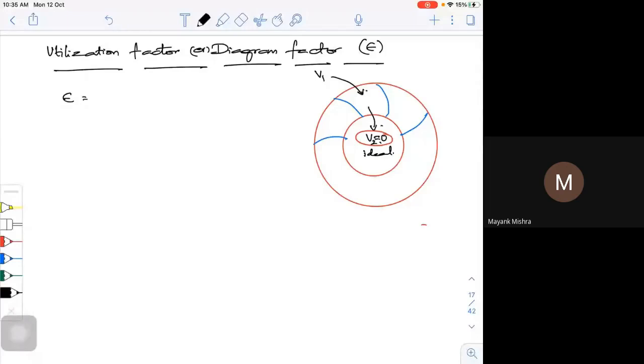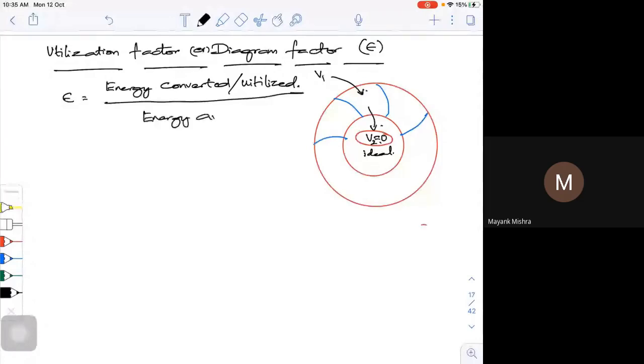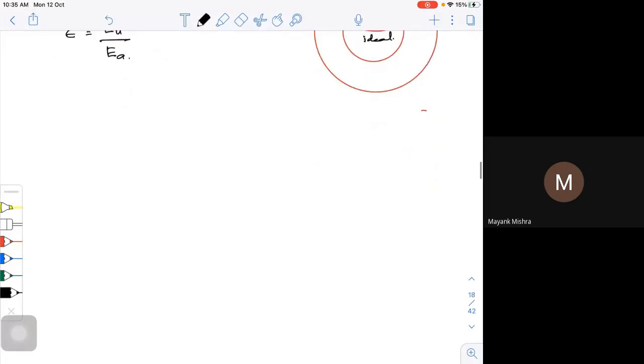So epsilon is nothing but the energy converted or utilized to the energy that is available. Energy available is the ideal. If I write it, it is something like energy E suffix U to E suffix A. What is the energy utilized? Actually, it is your Euler equation.